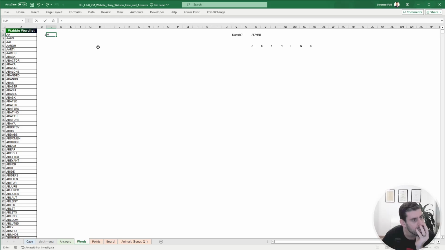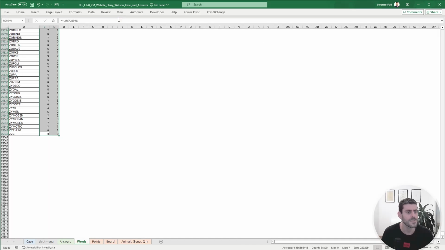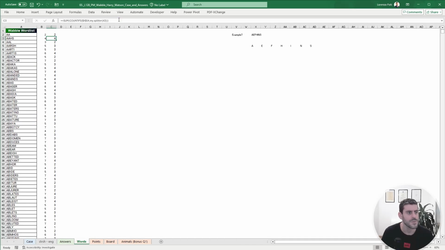If we do a COUNTIF, I go with this, lock, and then I'll go to split. Okay, and if I sum, so you could do this combination. Cannot do AAL.